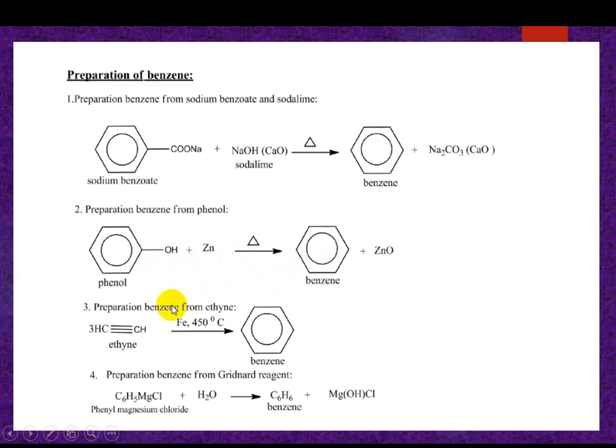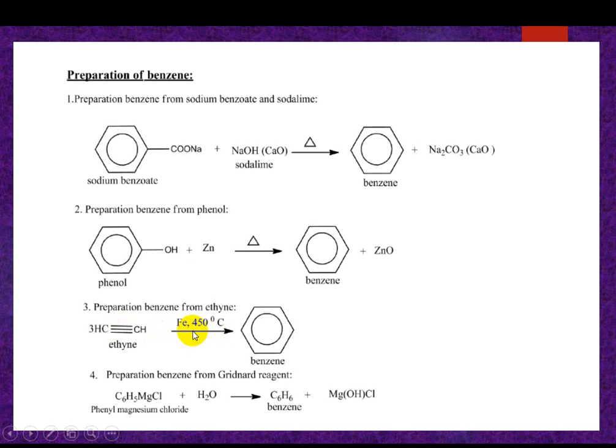Okay, preparation of benzene from ethyne, an alkyne with a carbon-carbon triple bond. Benzene can be formed from ethyne at 400 to 500 degrees Celsius by passing ethyne gas through a hot iron tube.